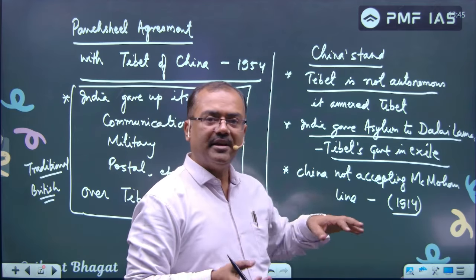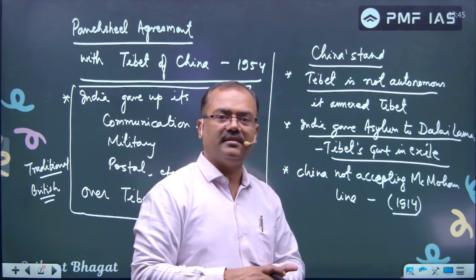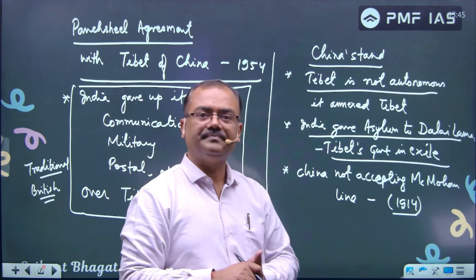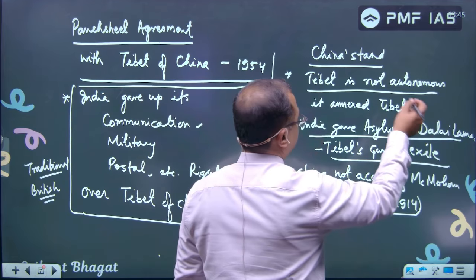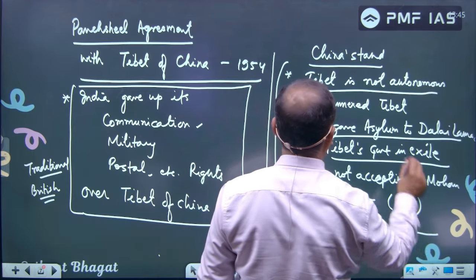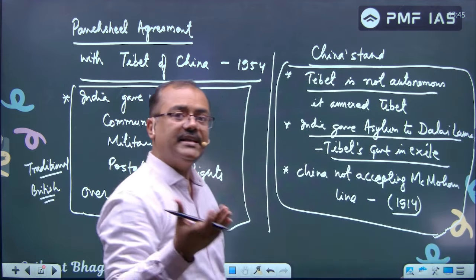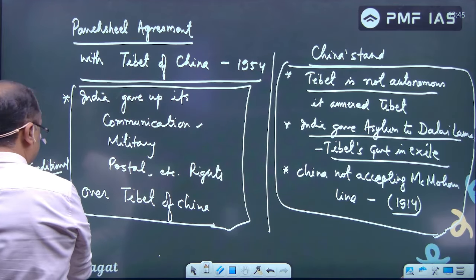So China is claiming Arunachal Pradesh, Aksai Chin, and a major part of Sikkim to be China's part. China is playing this politics, and Nehru is very liberal towards China. Ultimately, China attacked. Nehru is playing Panchasheel, principle-based politics here.